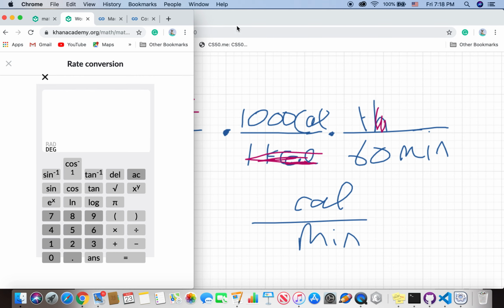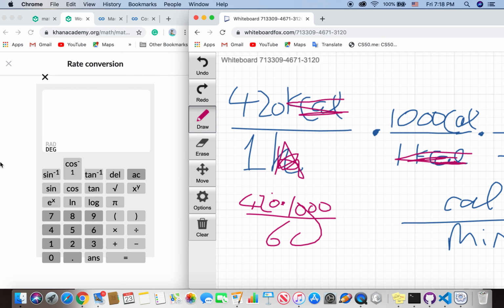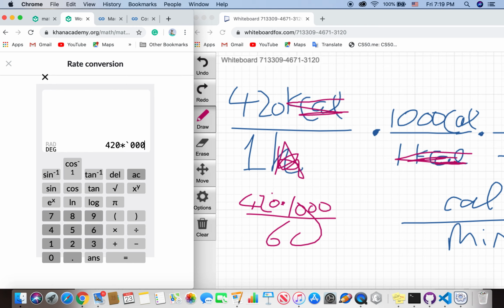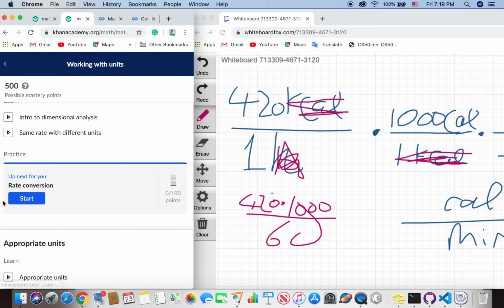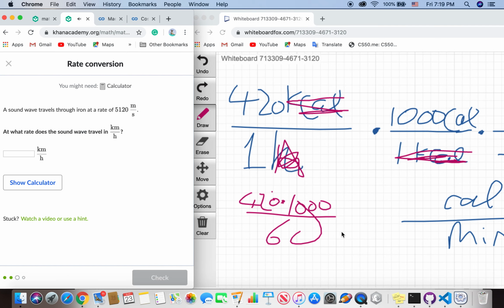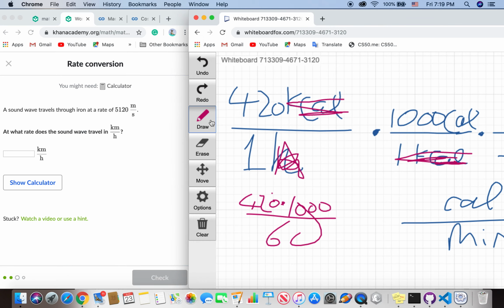So we're going to use 420 multiplied by 1,000, then divide by 60, which is 7,000 calories per minute. Hopefully that is correct. Good. And then let's move on to the next question.